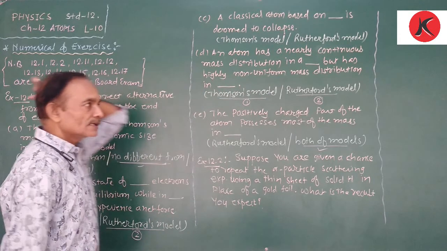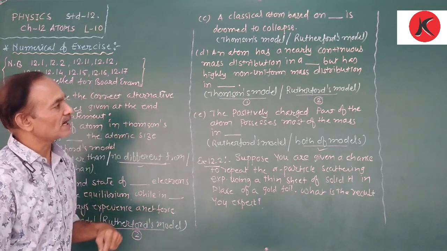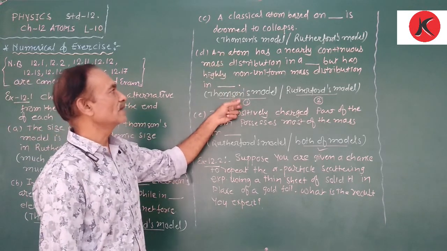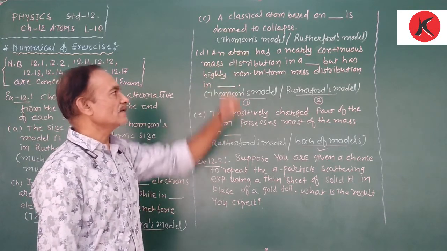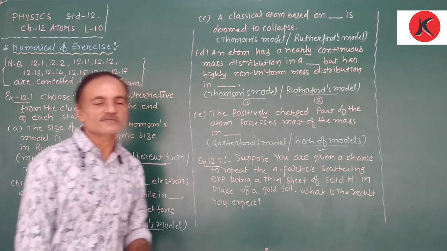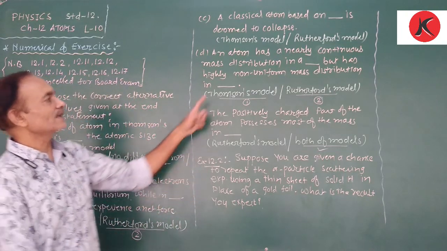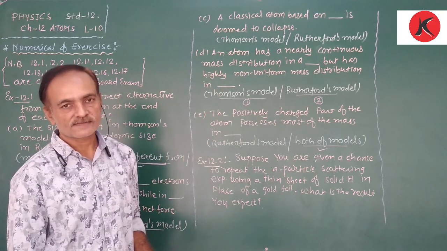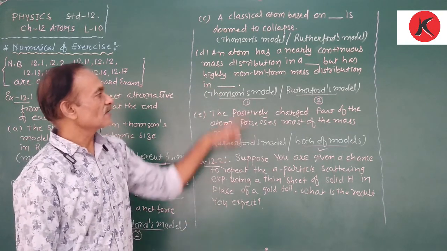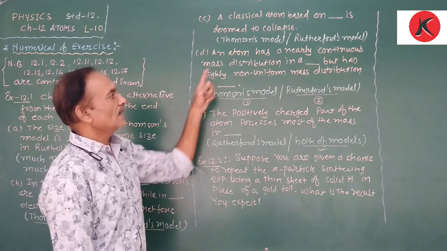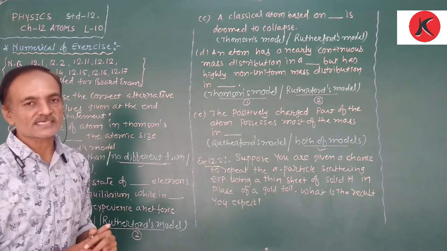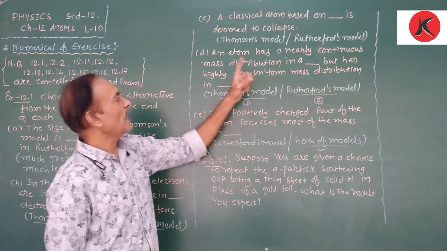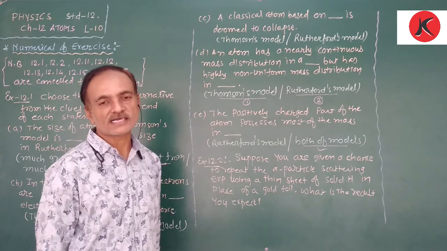So in the first blank, Thomson's model, the atom has a nearly continuous mass distribution. And according to Rutherford's model, the atom has a highly non-uniform mass distribution.